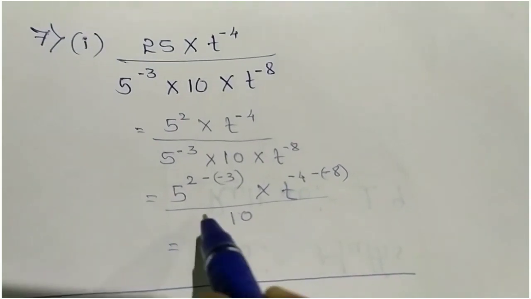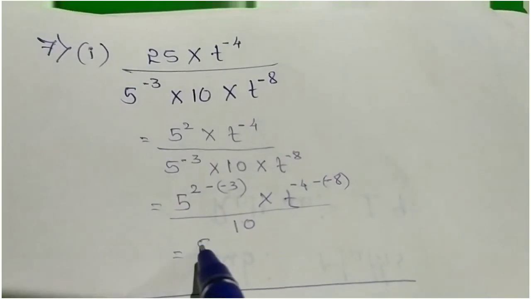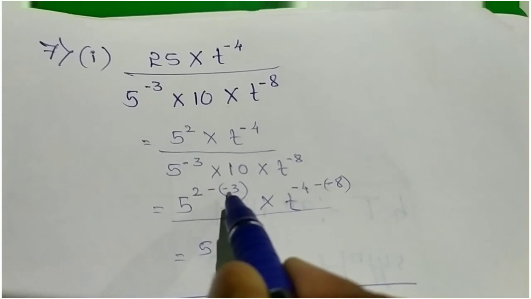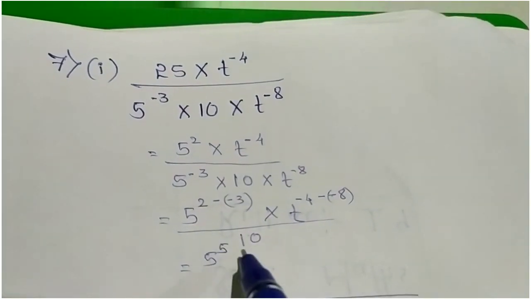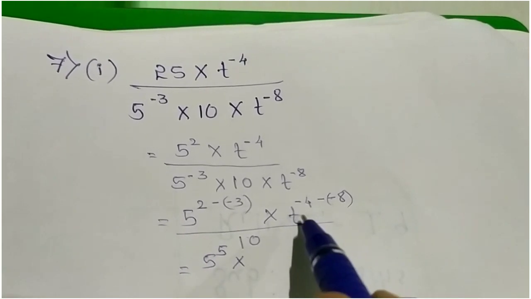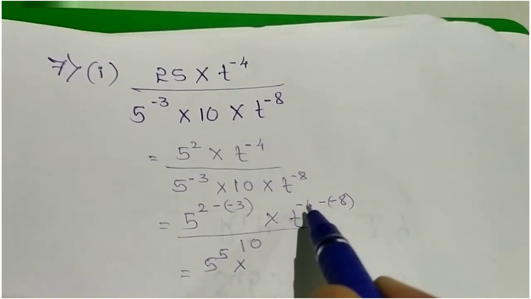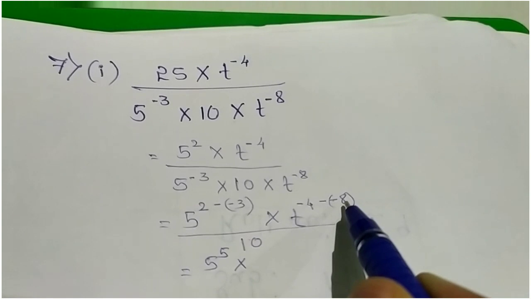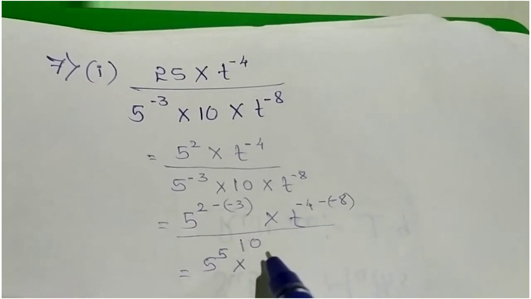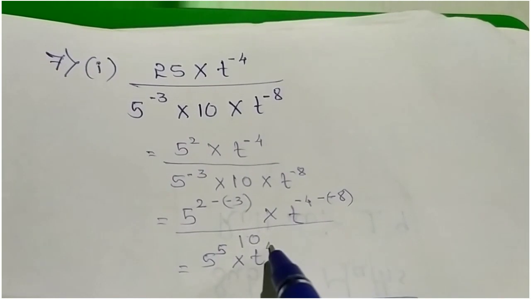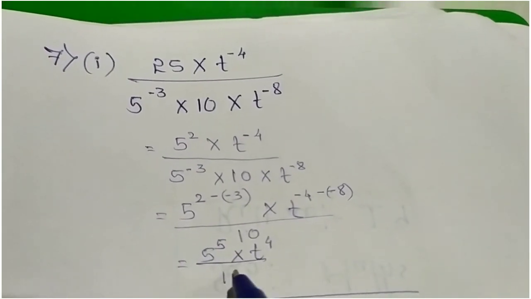Okay, now it becomes 5 power 2 plus 3, 5 power 5, into t power minus 4 minus of minus 8, minus into minus is plus, so minus 4 plus 8 becomes t to the power 4, divided by 10.